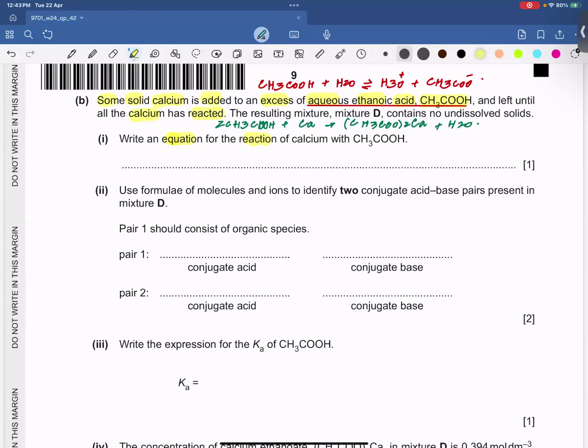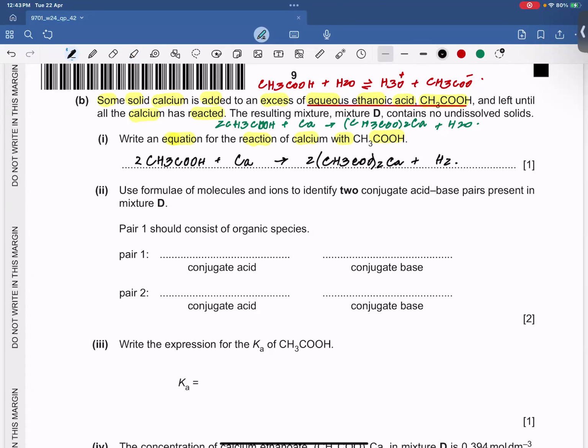Write an equation for the reaction of calcium with ethanoic acid. That's easy. 2 moles of ethanoic acid reacts with 1 mole of calcium, converting into 2 moles of calcium ethanoate and hydrogen gas.